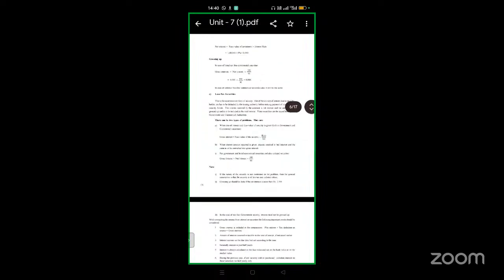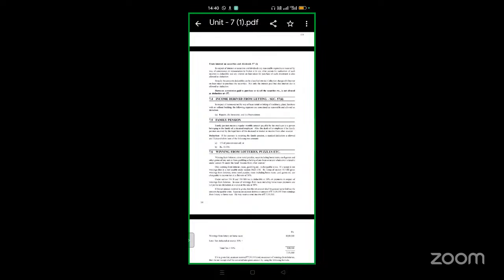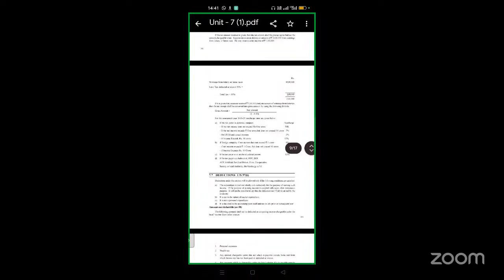And even income derived from letting, family pension, winnings from lotteries, puzzles, and named incomes.